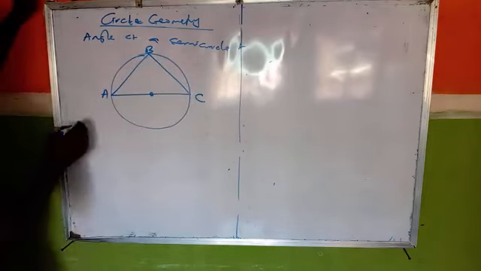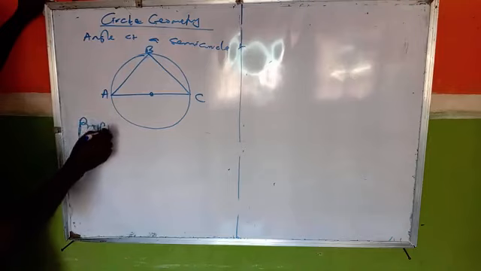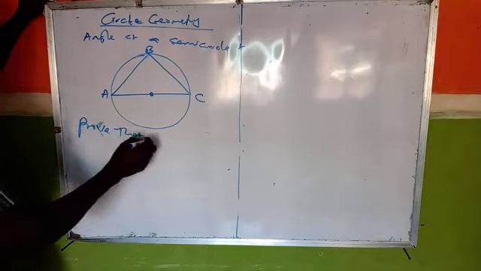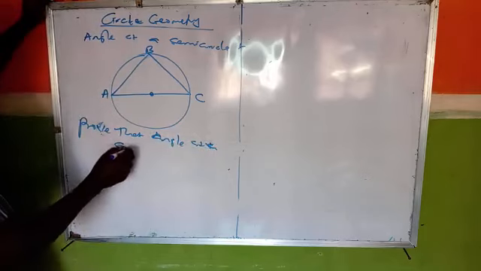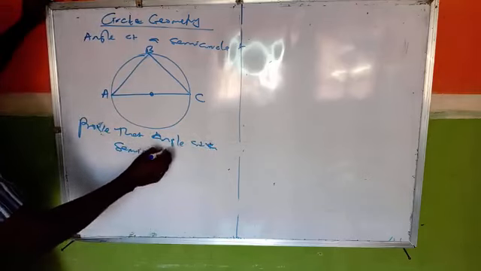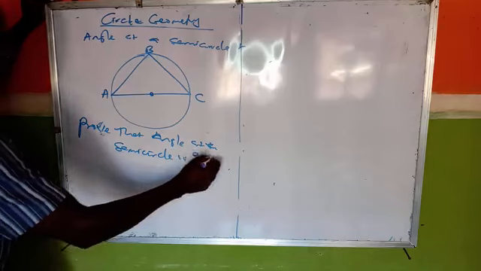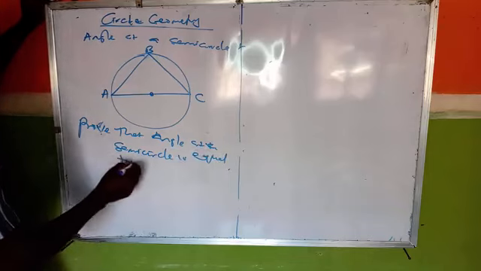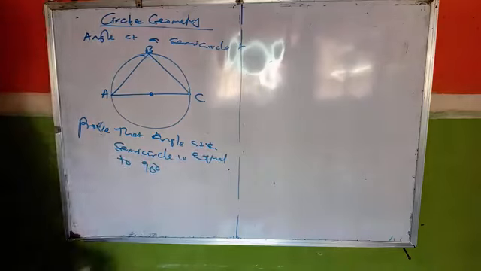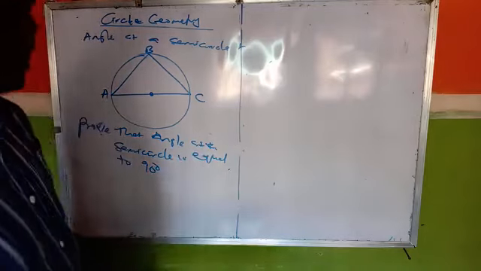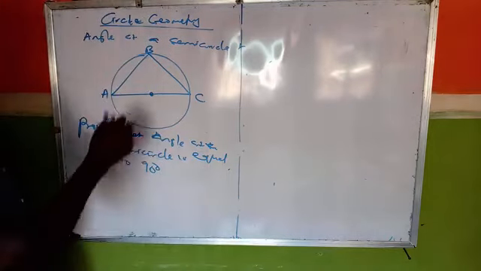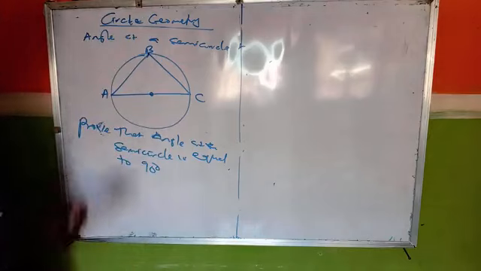What you have to prove is that the angle at a semicircle is equal to 90 degrees. We prove that the angle at the semicircle is equal to 90 degrees. So this is what we want to prove.